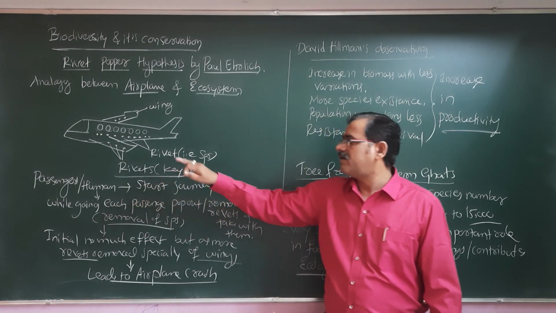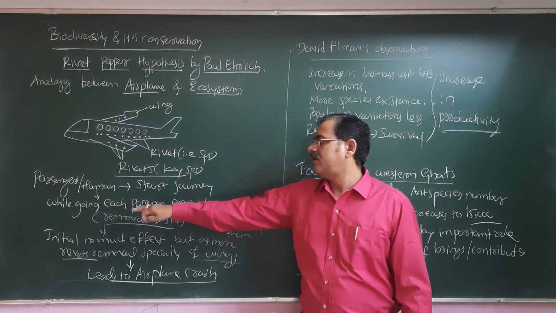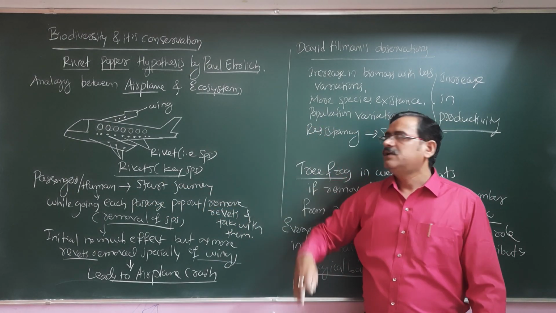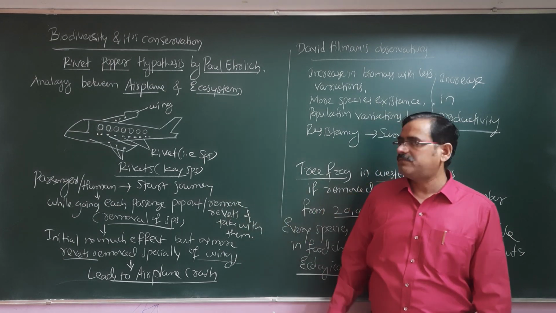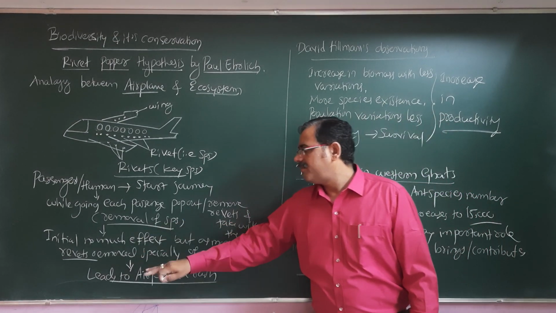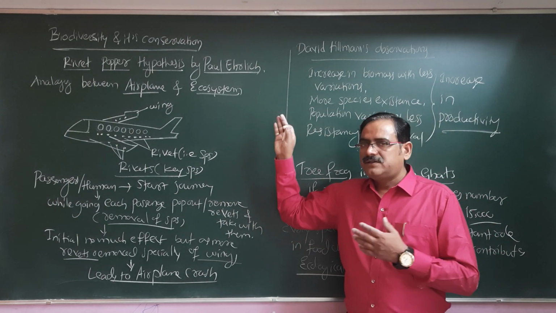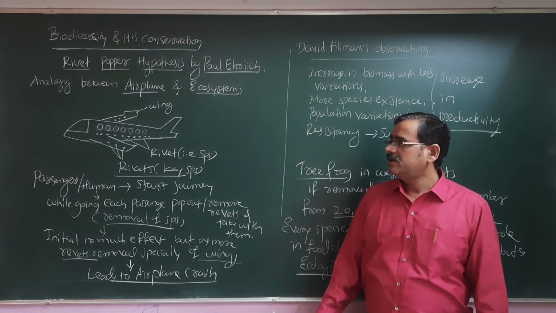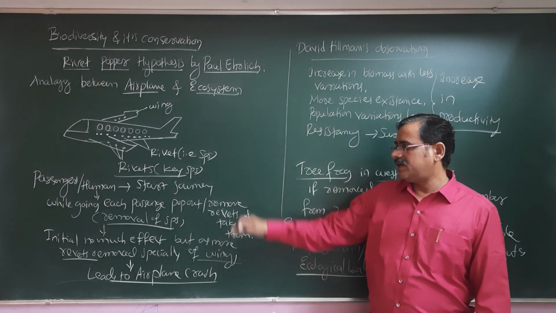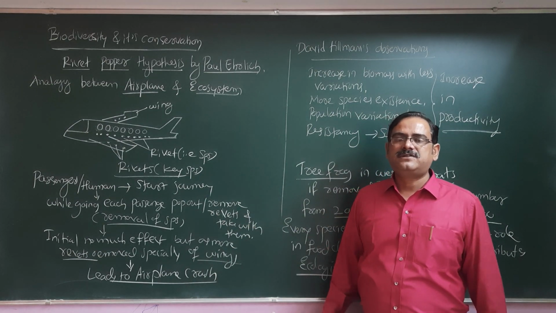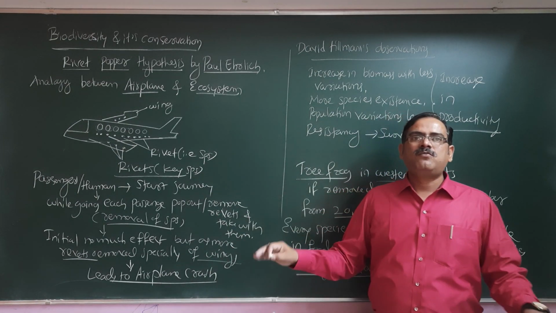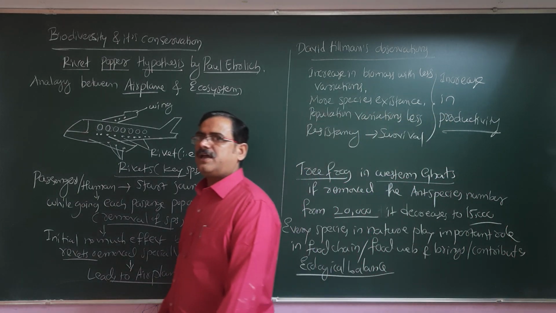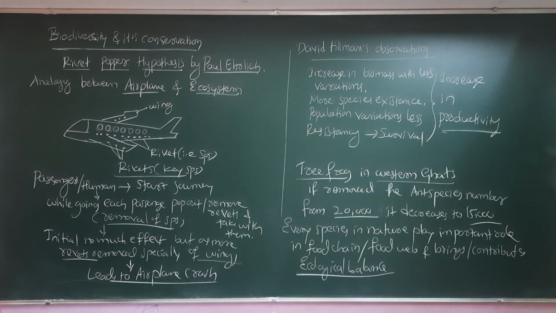Mainly the passengers or humans start their journey, and while going, each passenger pops out or removes the rivets, meaning species are removed from nature. Initially there is not much effect, the ecosystem may tolerate that, but finally when more and more species, including key species, are removed, there will definitely be a crash of this ecosystem, or the airplane will crash, and then no more place for any kind of organisms, including humans. This is the most important concept, the rivet popper hypothesis, given by Paul Ehrlich.